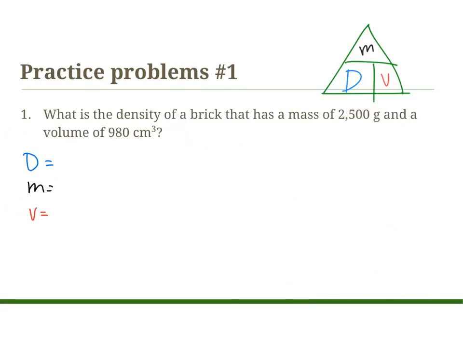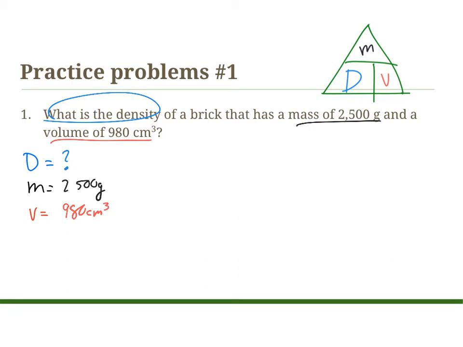In this case, I'm asked to calculate the density of a brick that has a mass of 2,500 grams and a volume of 980 cubic centimeters. So this problem is asking me to solve for density when I know the mass, which is 2,500 grams, and I know the volume is 980 centimeters cubed.